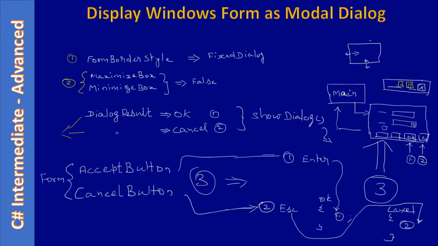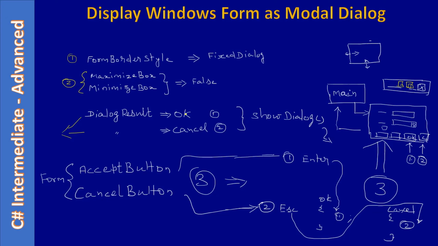So the main dialog will make a call to this child dialog using ShowDialog to display this as a modal dialog, right? At that time we can pick two buttons, OK and cancel, because a modal dialog can have multiple buttons. We pick the OK and cancel buttons here, two buttons, and we set the dialog result. So you can set any dialog result.